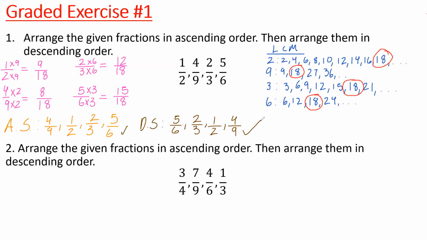Summer, how can we arrange this in ascending order? We firstly have to find the LCM of all the denominators of the fractions. What's the LCM of 4, 6, 9, 2, and 3?